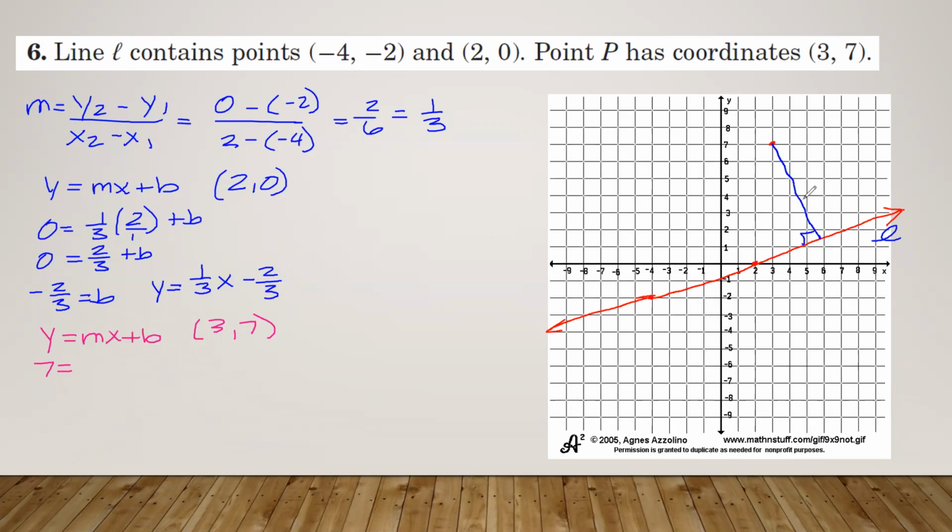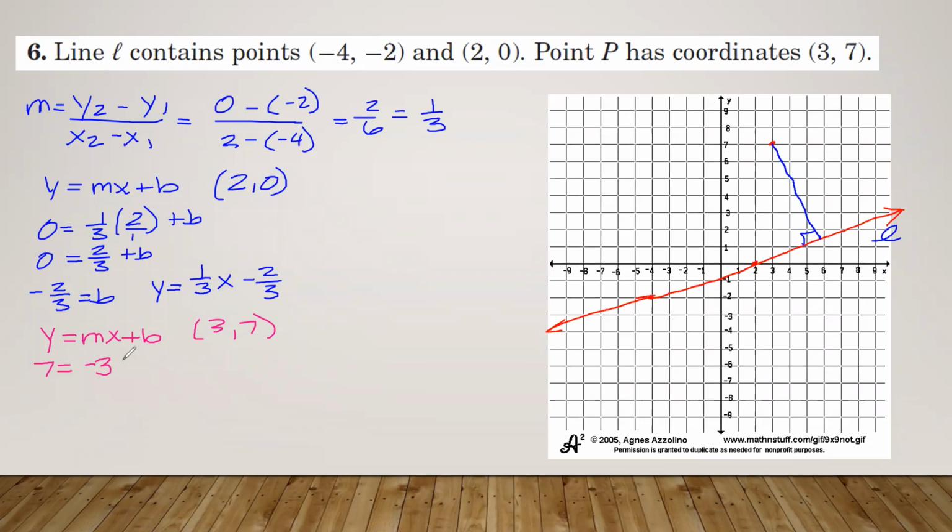For m, the slope of this line that's going through this point: since the relationship is perpendicular, and we know the slope of the other line is 1/3, remember, for perpendicular lines the slope is the opposite reciprocal. So I know that the slope of this line is going to be -3.